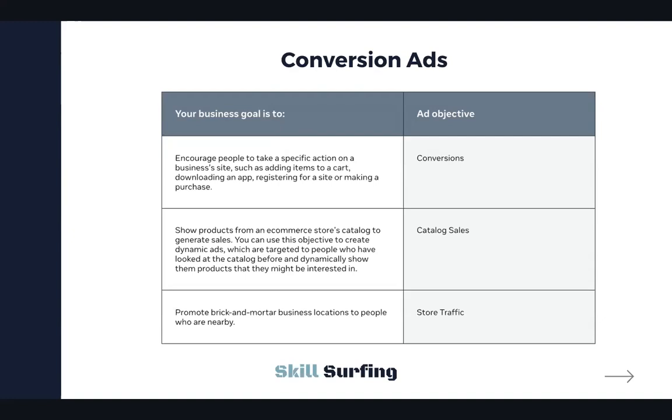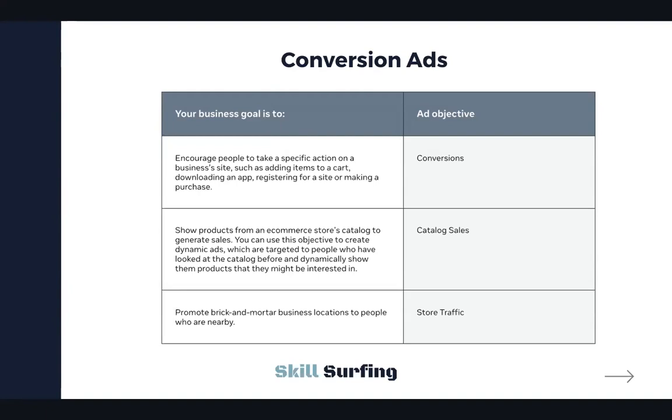Now, something very interesting and very relevant to you is catalog sales, which are, in other words, dynamic ads. If you have an e-commerce store and a catalog of products, Facebook automatically shows your audience all of the products that might be relevant to them.